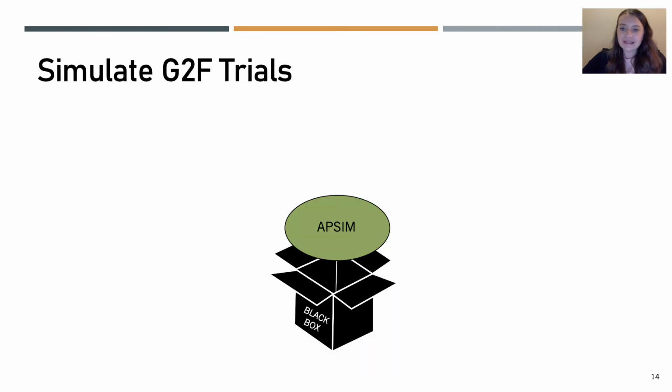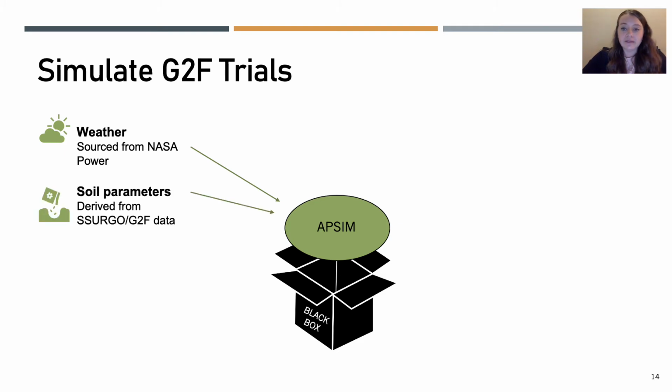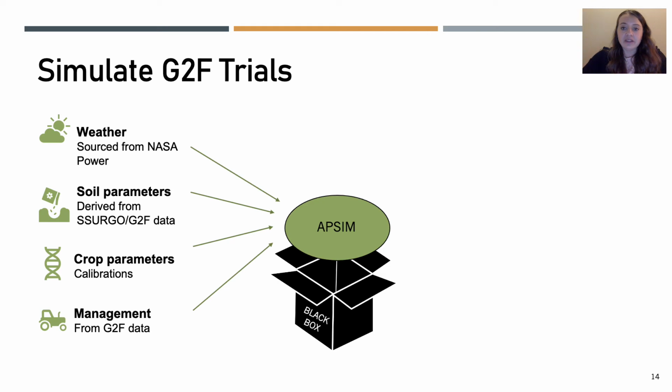If we go back to the same diagram of a crop growth model that I showed before, for this testing portion of the project, we sourced our weather data from NASA Power for all 53 G2F environments. I derived soil profiles for each of the environments using the Web Soil Survey SURGO database. The crop parameters came from our individual hybrid calibrations, and the management information is supplied by G2F.